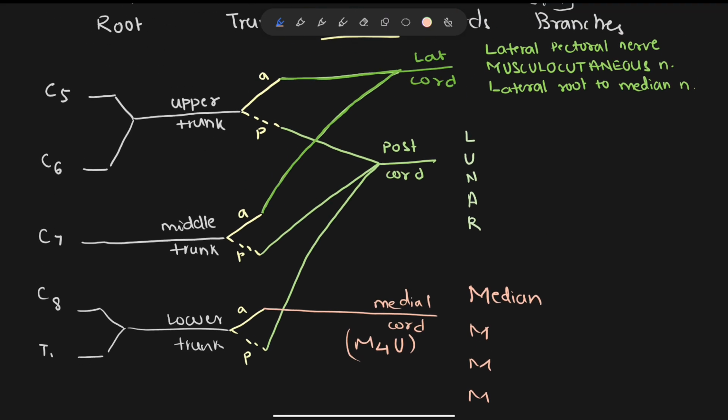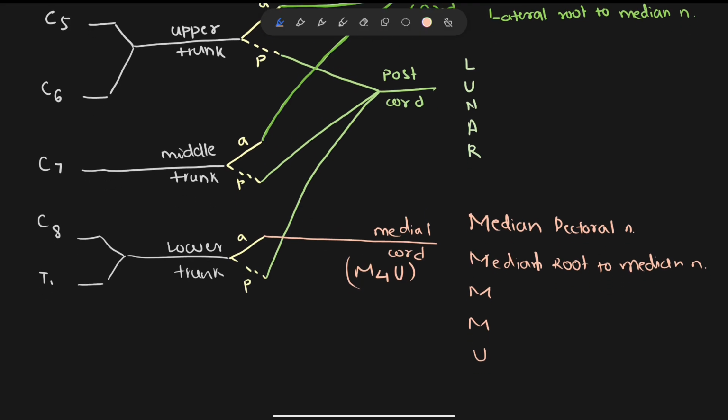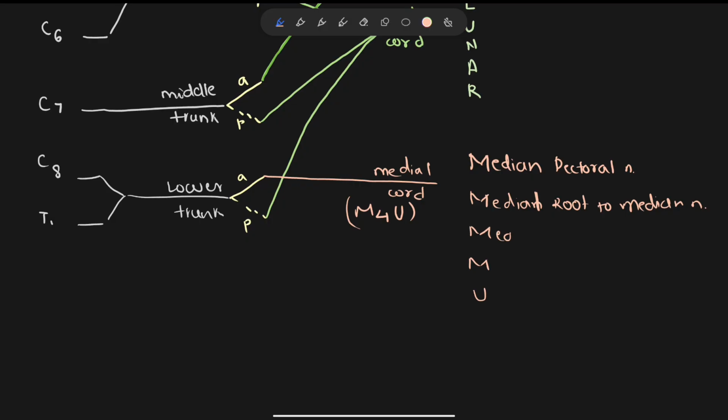Okay, M, we have done lateral here, so here will be medial. This is lateral pectoral nerve. This will be medial pectoral nerve, of course. Here is lateral root of median nerve. Here will be medial root to median nerve. Okay, and then the M left will also be medial.